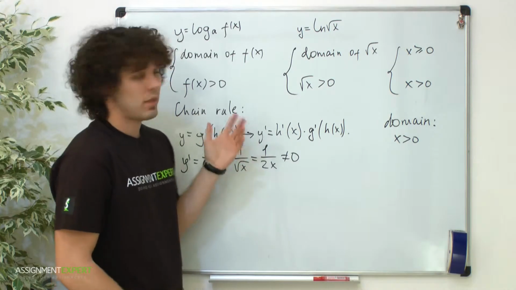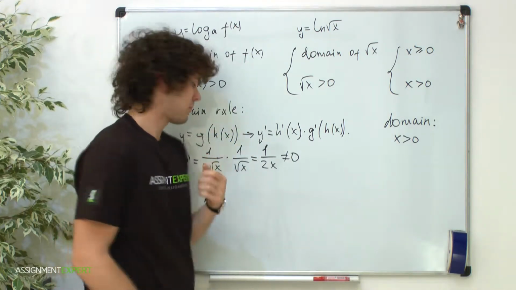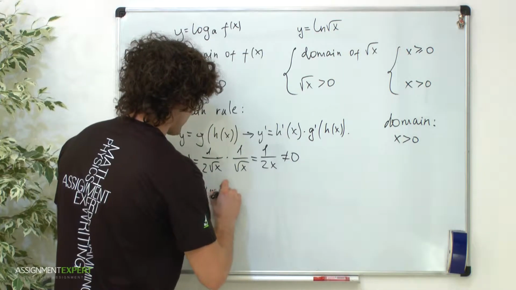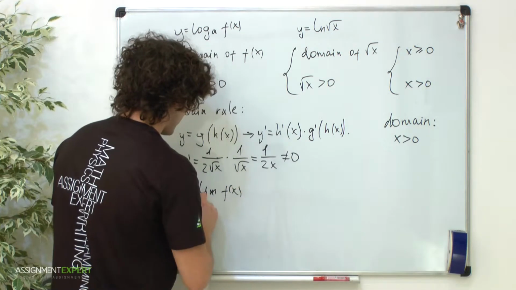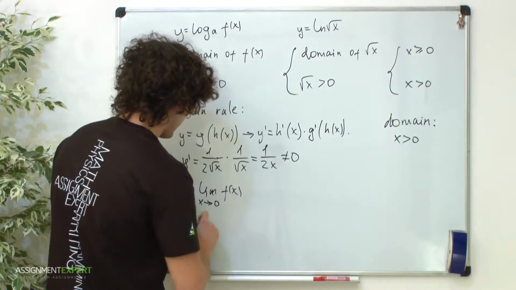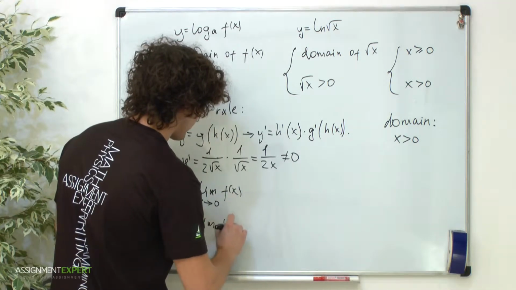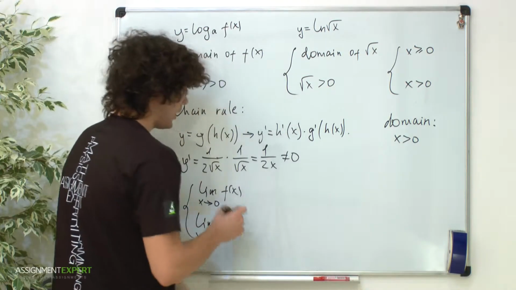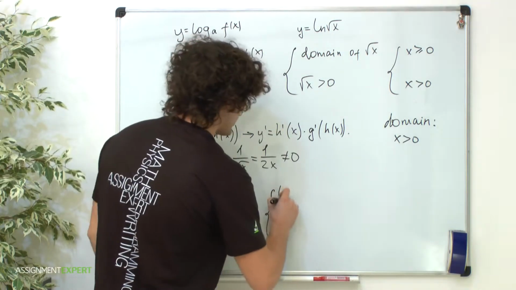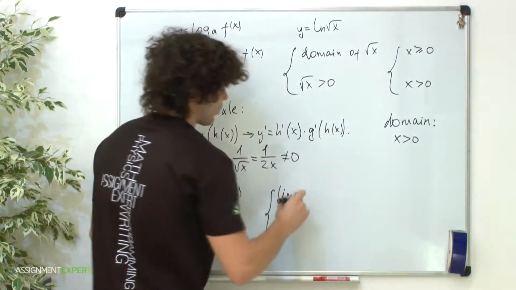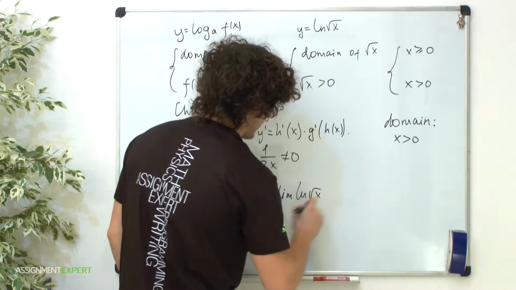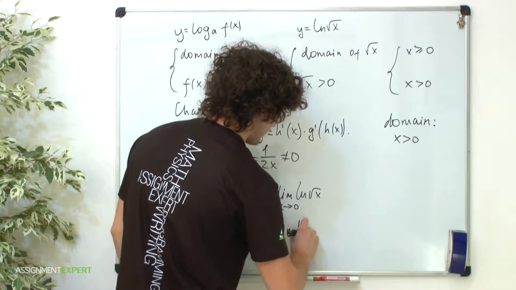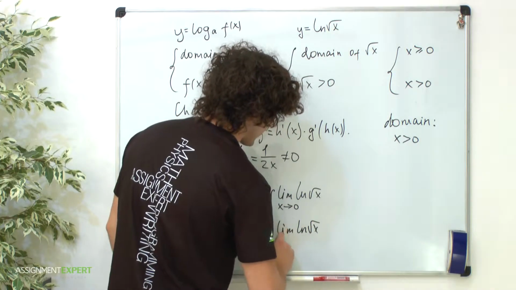Now to find the range of this function, we need to consider two limits. The first is limit of f of x when x tends to 0, and the second limit is limit of f of x when x tends to infinity. In our case, there are limits of ln of a square root of x when x tends to 0, and limits of ln of a square root of x when x tends to infinity.